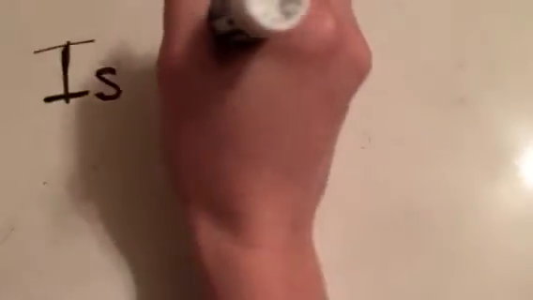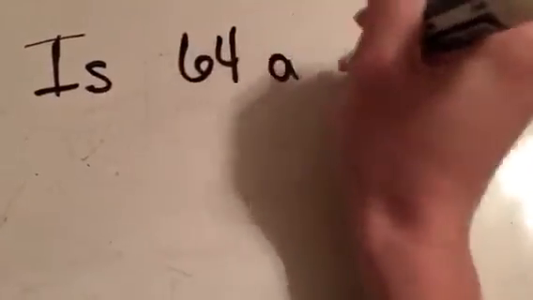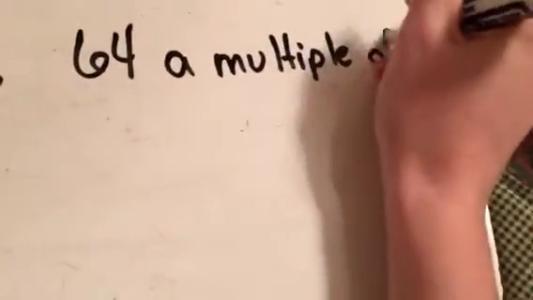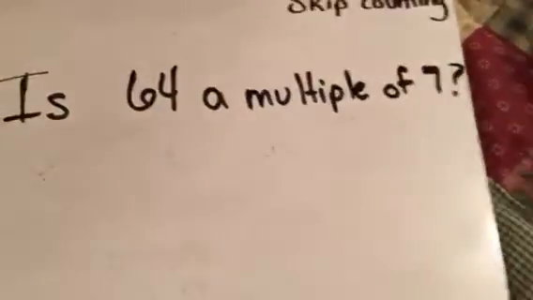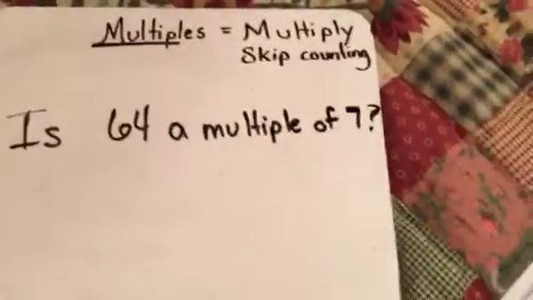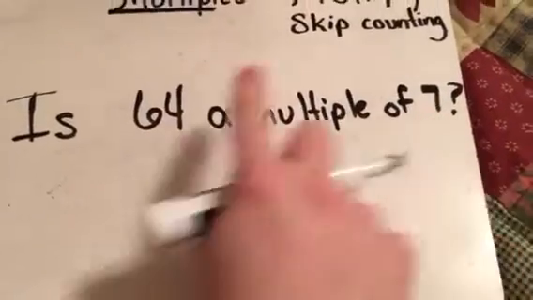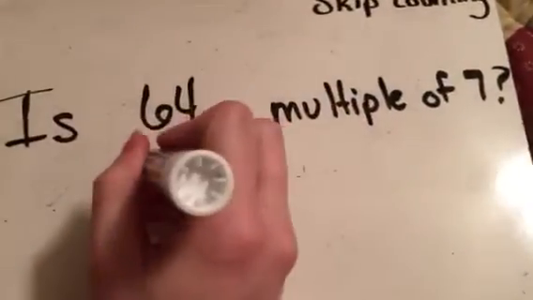All right, let's look at another example. Is 64 a multiple of 7? All right, so what we have to ask ourselves first, if this is true, then 7 times something will have to give us 64.